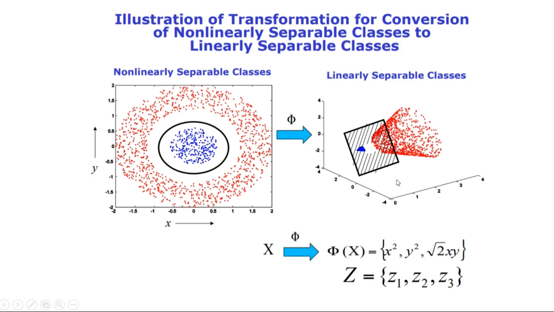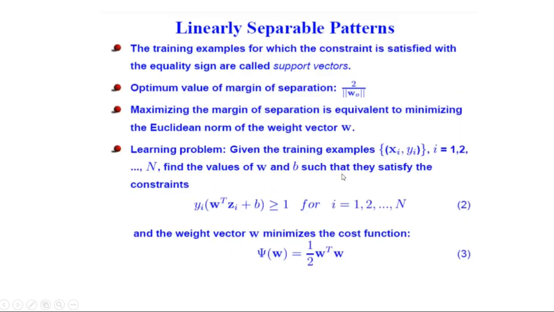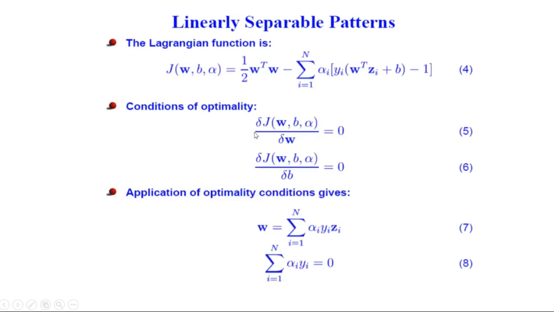Once it is separable in higher dimension, you can apply this whole process: you frame the Lagrangian equation, then apply the partial differentiation and calculate the weight vector with the help of optimal Lagrangian coefficients.